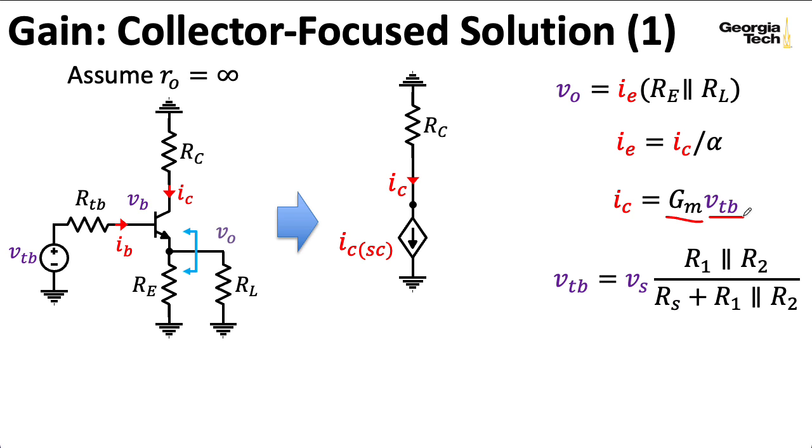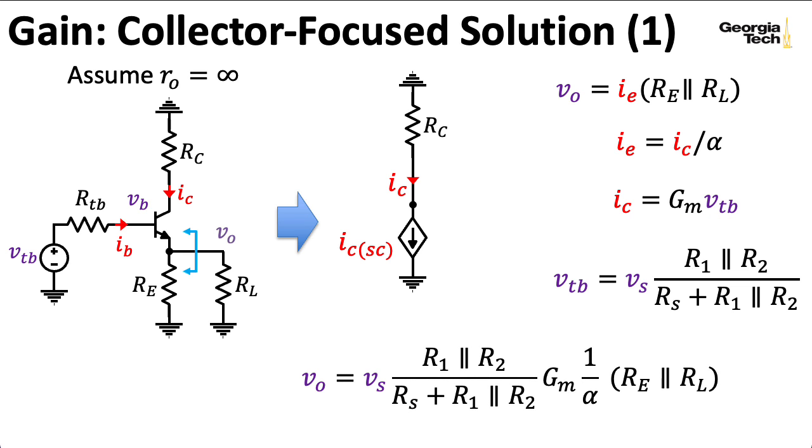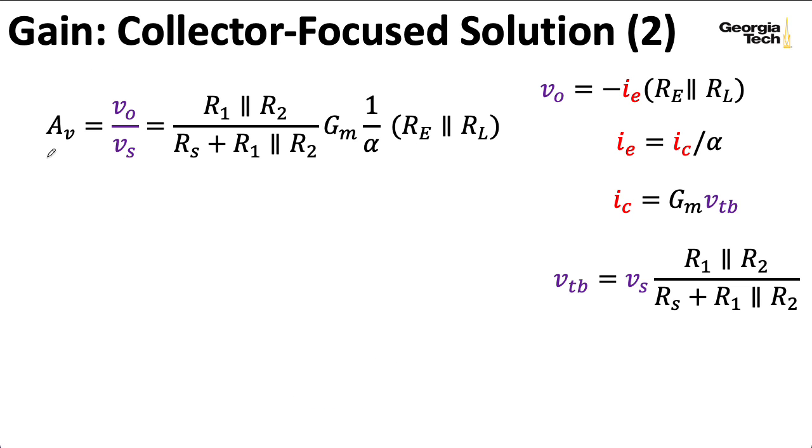VTB is just the result of this voltage division that we've seen 1,000 times already. Okay, maybe that's an exaggeration, but we've seen it a lot. And now I can pile these expressions together and write this expression for the output voltage. So let's divide both sides of this expression by Vs in order to write the small signal voltage gain AV as this big mess here.